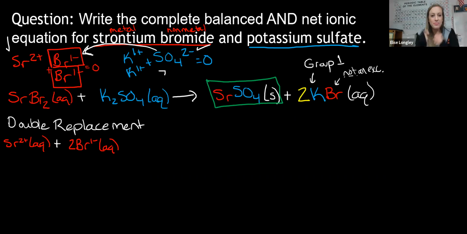Okay, so when we're separating aqueous things, we're separating them into the ions that were used to make the compound in the first place. So for strontium bromide, we had 1 Sr2+ and 2 Br1-. I've been seeing people put a 2 here. That is not correct. We have a 2 here only because there are 1, 2 ions here.